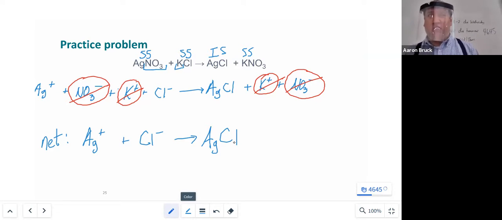Now, depending upon the source, you might see where you have to add phases to these to help identify what kind of phase they're holding. Anything that is ionic is going to have to be aqueous.